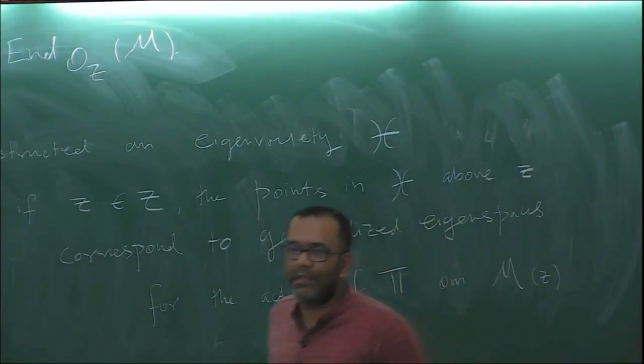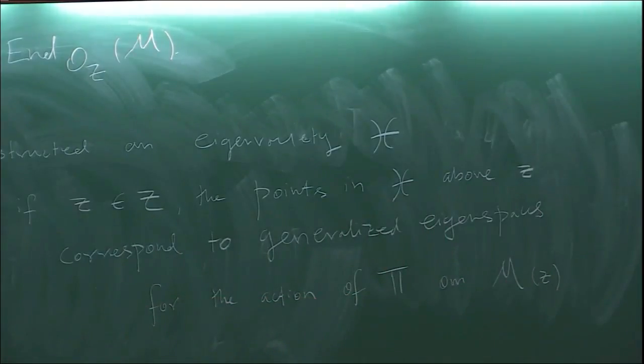The stalk M of z corresponds to overconvergent modular forms of weight kappa and slope alpha. So that's how you parameterize this space. The points on the eigenvariety correspond to generalized eigenspaces of this Hecke action, and you can relate that to automorphic forms and the Hecke action on automorphic forms.